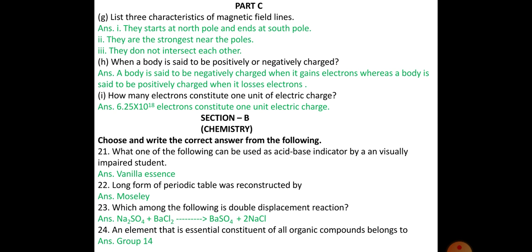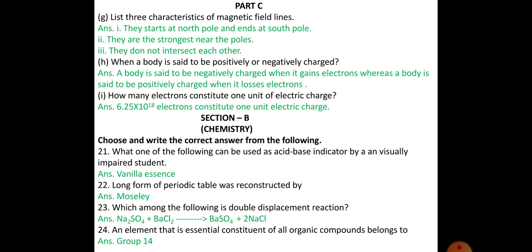Choose the correct answer. What can be used as an acid-base indicator by visually impaired students? That is vanilla incense. Long form of periodic table was reconstructed by Moseley. Which among the following is a double displacement reaction?